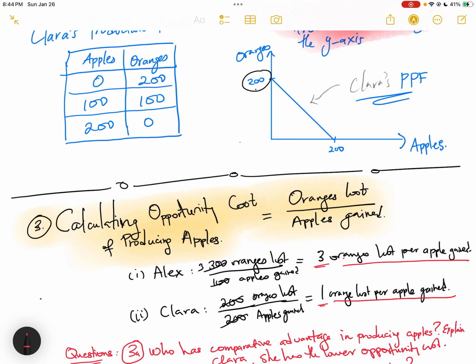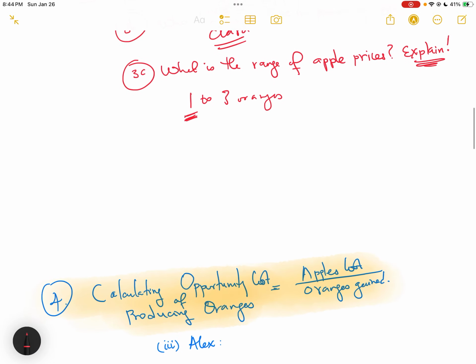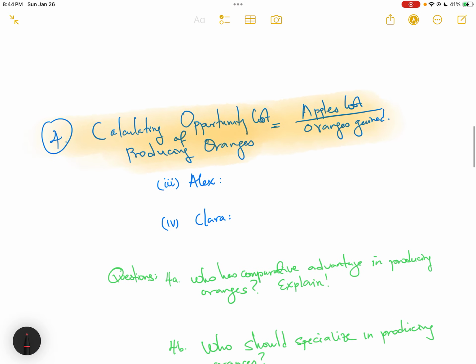But if you just want to work this from the top, let's try calculating the opportunity cost of producing oranges for Clara. We have 2 numbers for Clara, 200 each. And so here for Clara, in blue, we have 200 apples lost over 200 oranges gained.